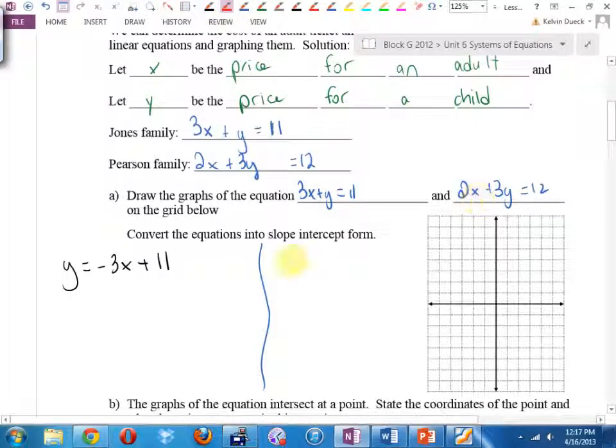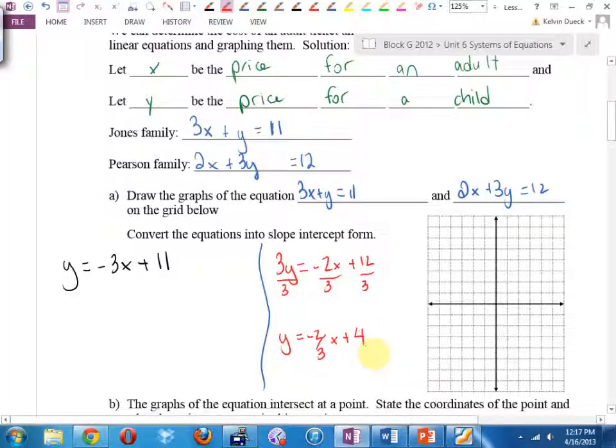Well, I think I would minus the 2x over, and I would get -2x plus 12. And then how would I get the y by itself here? Divide by 3. The second equation is going to be y equals -2/3 x plus 4.